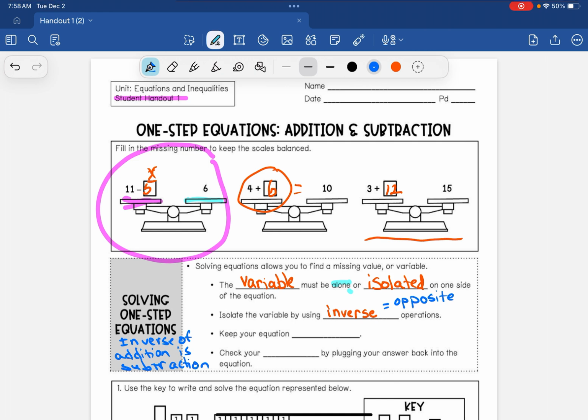Okay, they are opposites of each other. So when we are solving these, we want to keep those equations balanced, just like we did up above. And then the last thing we're going to do is check our solution by plugging it back in.